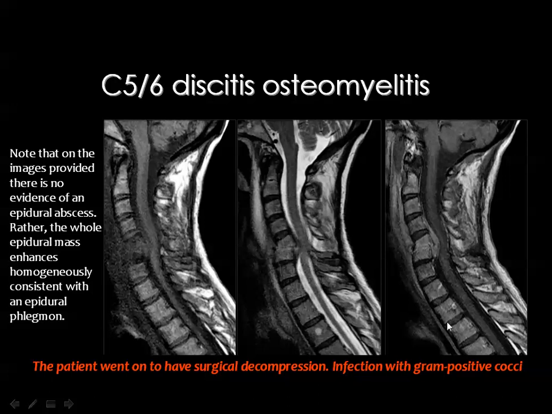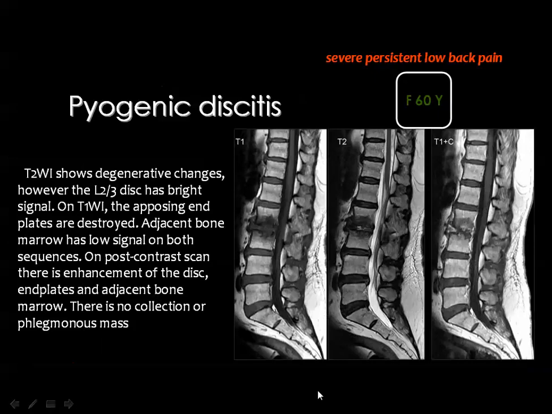After contrast injection, the prevertebral inflammatory granulation tissue as well as the intraspinal epidural tissue also shows contrast enhancement, together with enhancement of the vertebral bodies as well as the intervening disc space.